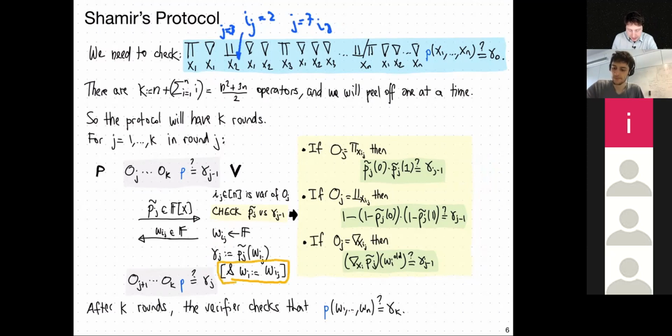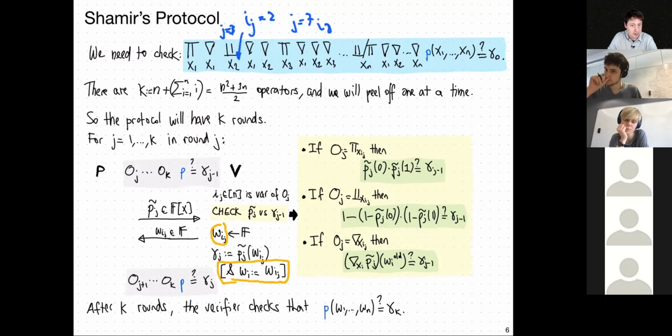trying to say is that we sampled omega ij as the new random value for the variable xij. And this parenthesis is just saying, well, set it to be so. Or in case you already had a value, just replace it.